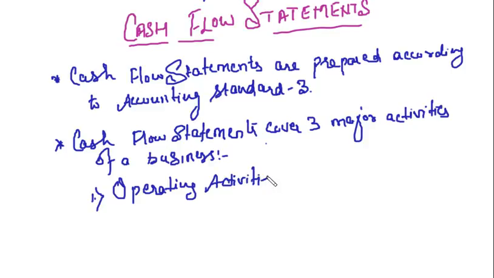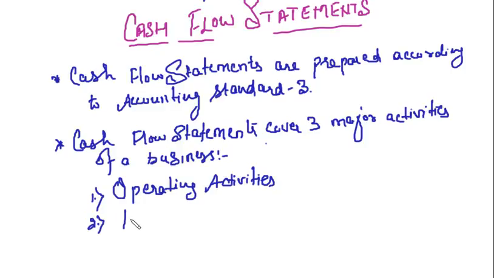Operating activities means the activities which are done in the regular course of the business, activities relating to the regular operations of the business. We will discuss this in detail, how to prepare the cash flow statement for operating activities.